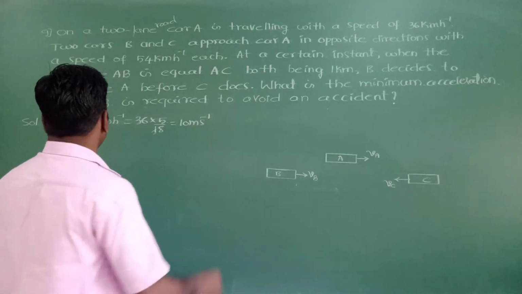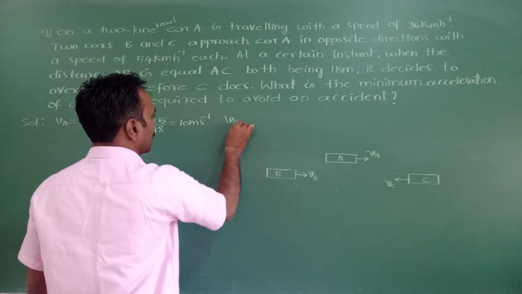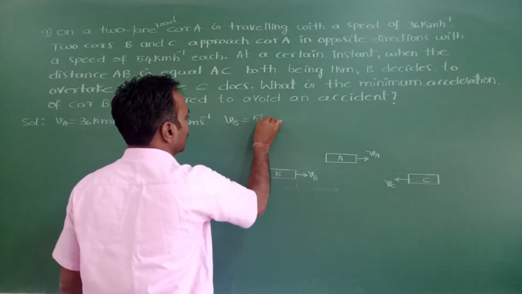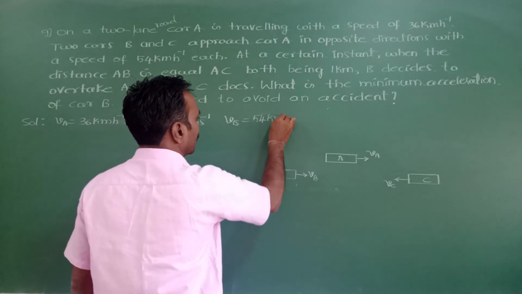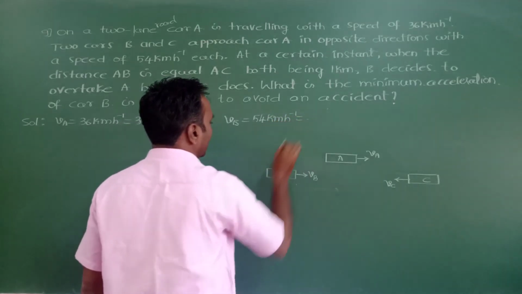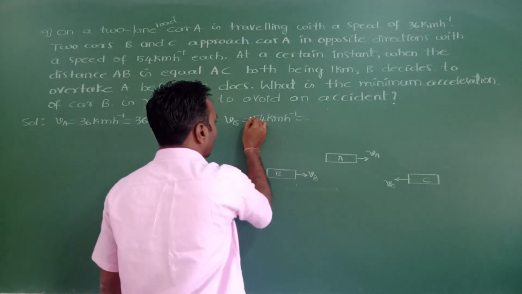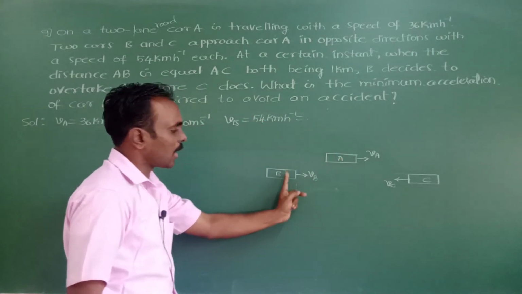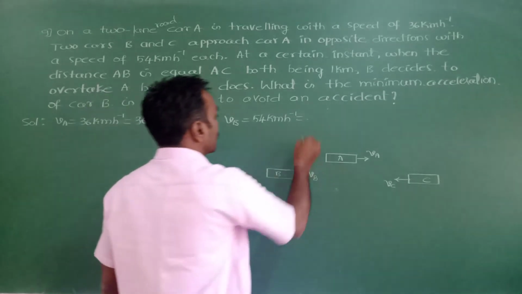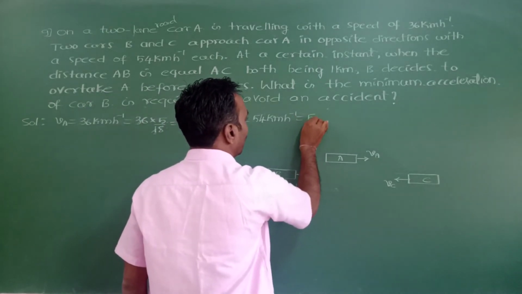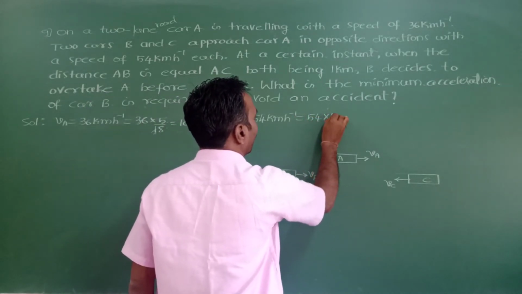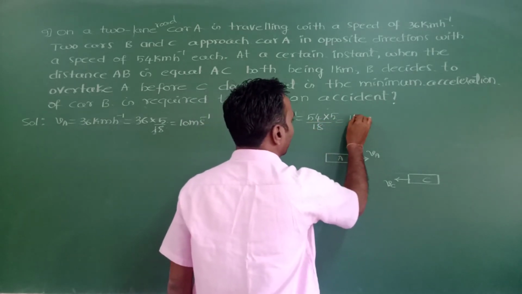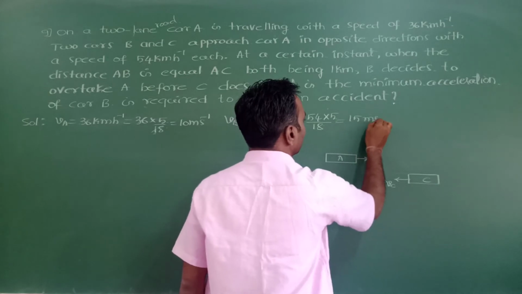Similarly, the velocity of car B is equal to 54 kilometer per hour, and it is taken positive because the direction of motion of car A and car B are the same, so it is 54 into 5 divided by 18, which is equal to 15 meter per second.